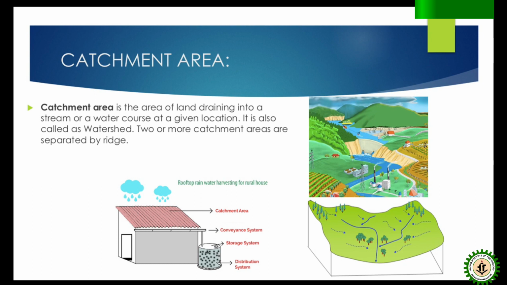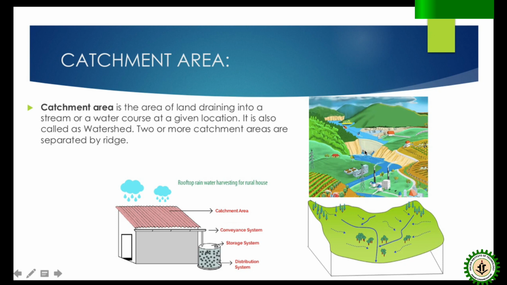Coming to catchment area, you have seen in your place, if you just imagine, there is a pond or some low-lying area. All the water from the surrounding highlands or high-lying areas comes and collects in that particular stream or pond or whatever water body is there, which is low-lying. This is common in any area.